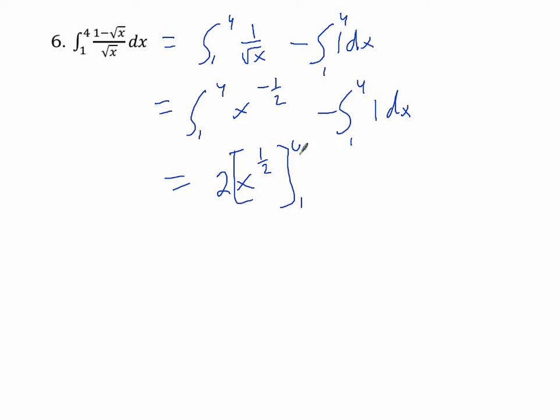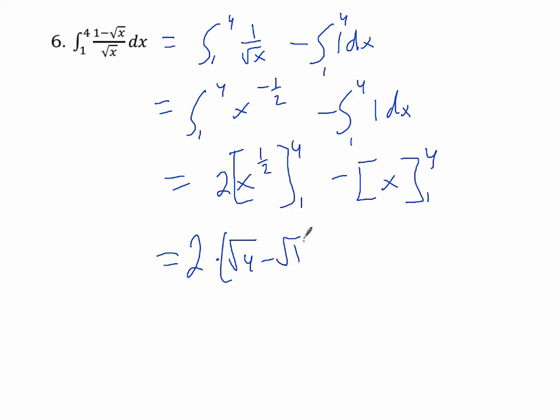Evaluate that from 1 to 4, and this is just x, evaluate it from 1 to 4. So we're going to have 2 times root 4 minus root 1, minus 4 minus 1, or plus 1 is going to be minus -1. So that's going to be 2 times, this is just 1, minus 3, so it should be -1.